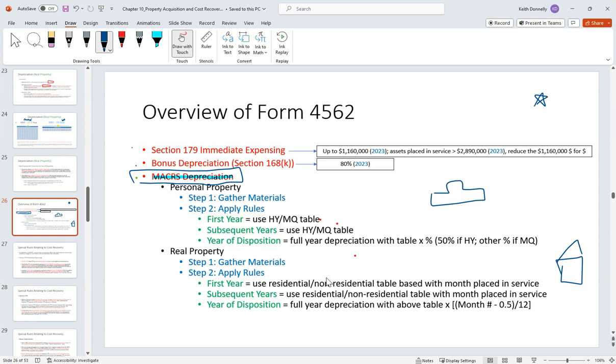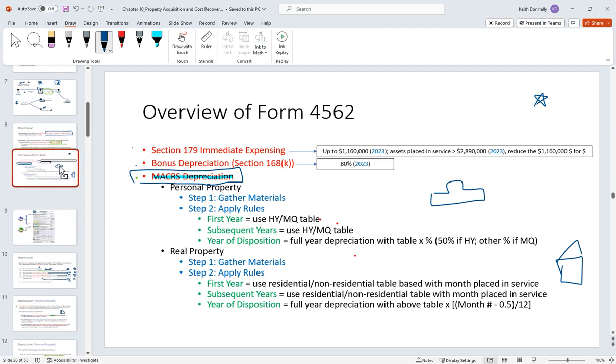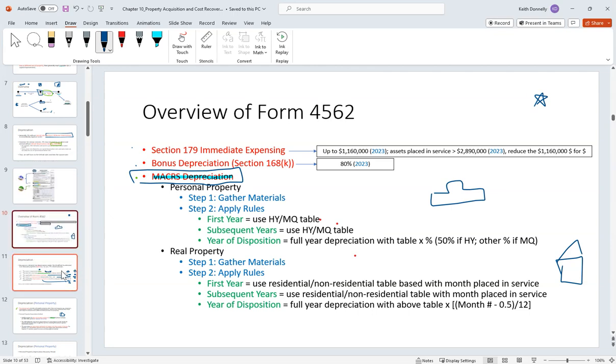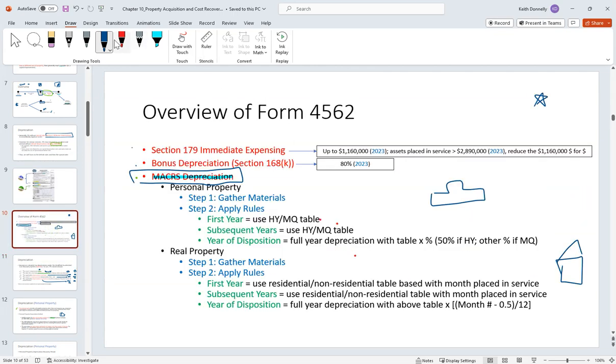You need to gather your materials. If we go back here, let me zoom up and see if I can find that slide. It's further up. We're going to need the basis, which is essentially your initial basis, what you paid, and the date you place it in service.